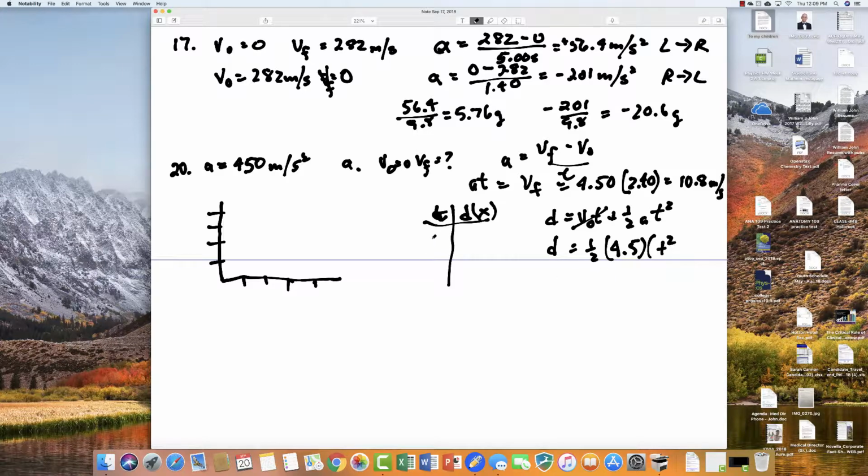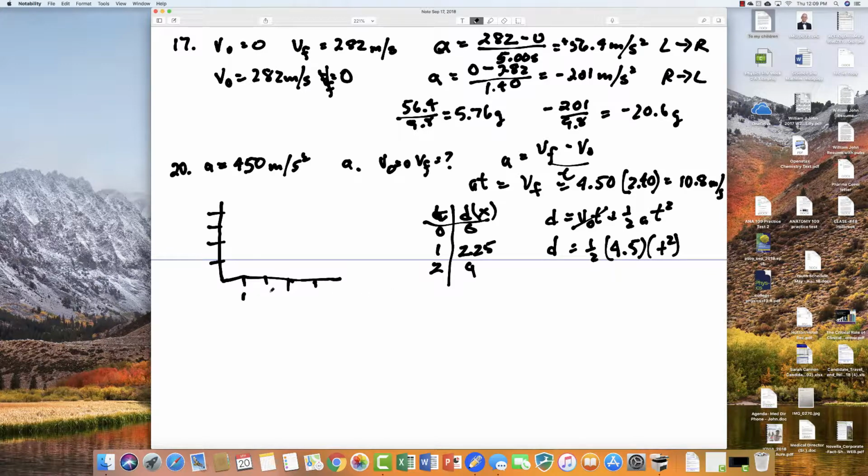And so for t is 0, you're going to be at 0. At t is 1, 1 squared is 1, times 4.5 times 1/2 is 2.25. At t is 2, it is going to be 9.